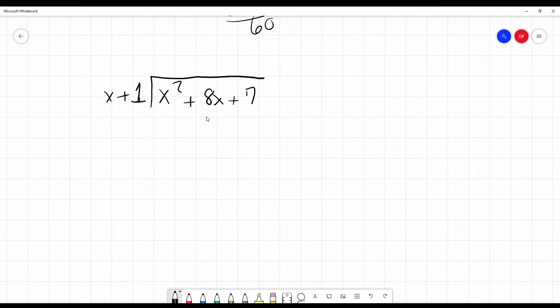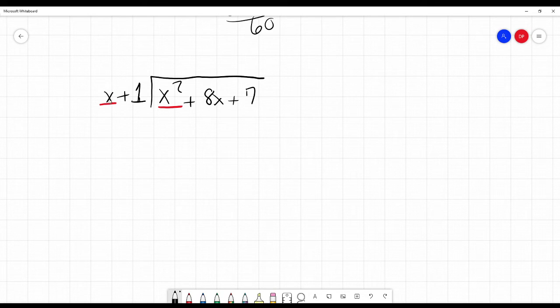Okay, so when you're doing this, you're going to look at your biggest term here and your biggest term here. Okay, you're not really going to ever worry about this one or any of the terms back here until later. So what you're going to do is look, okay, how many times does this x go into this x squared?